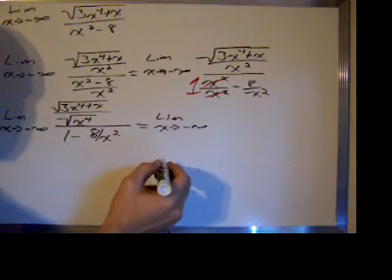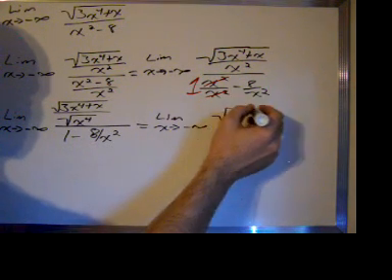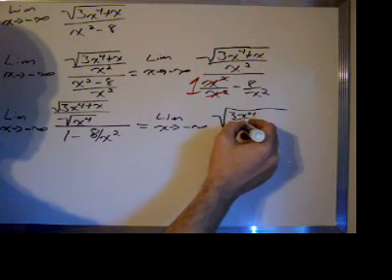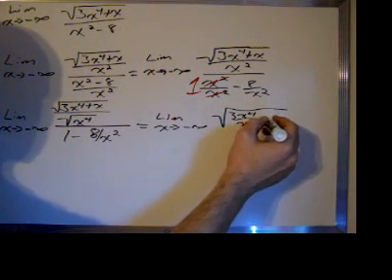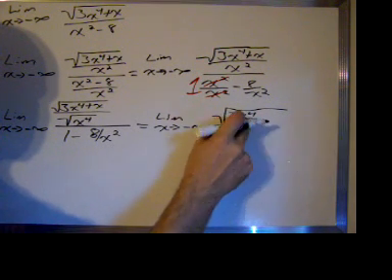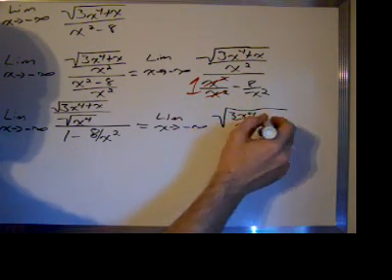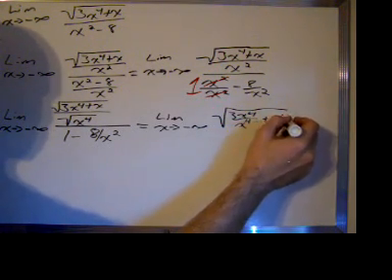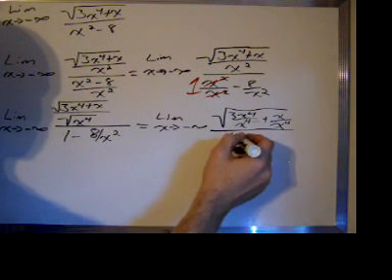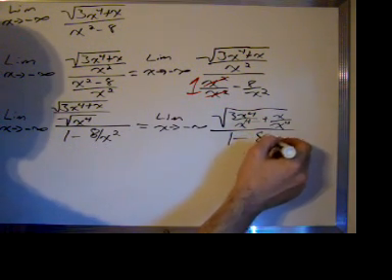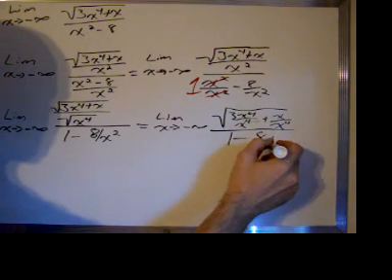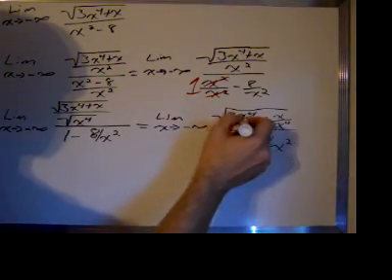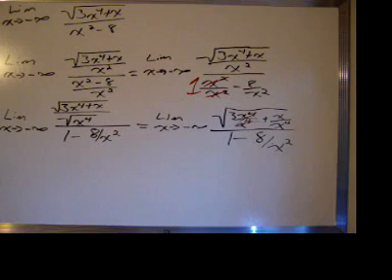So we have the limit as x approaches negative infinity, writing under a single radical, of 3x to the fourth plus x over x to the fourth, all divided by 1 minus 8 over x squared. We'll simplify. X to the fourth over x to the fourth just leaves the 3.